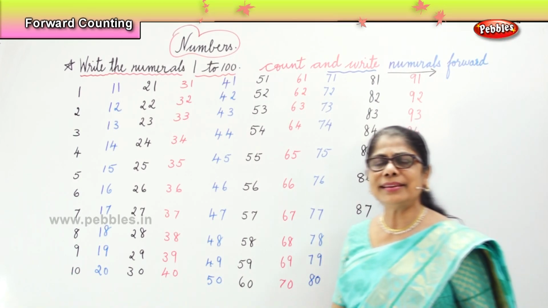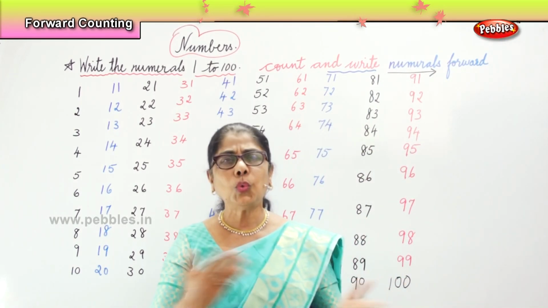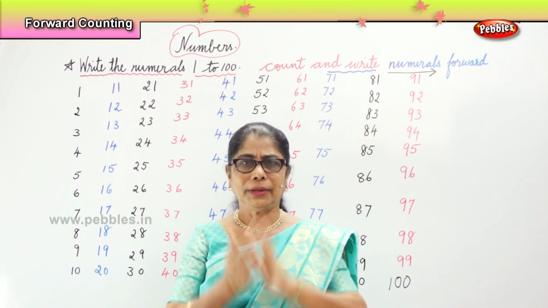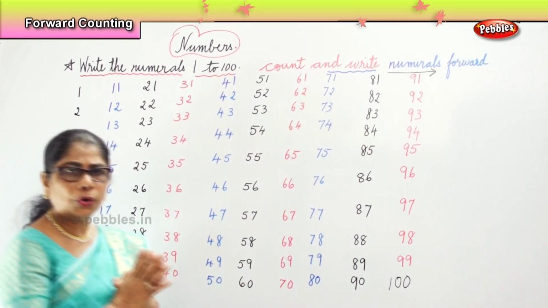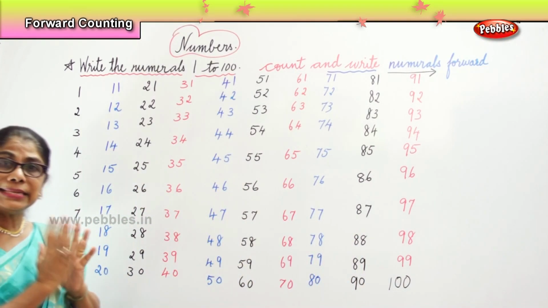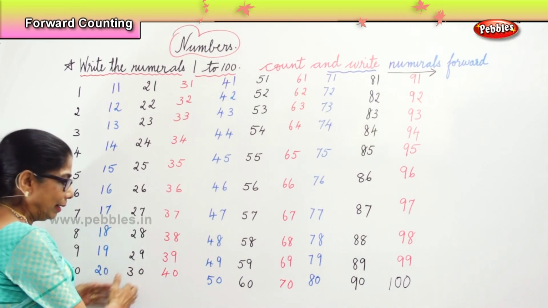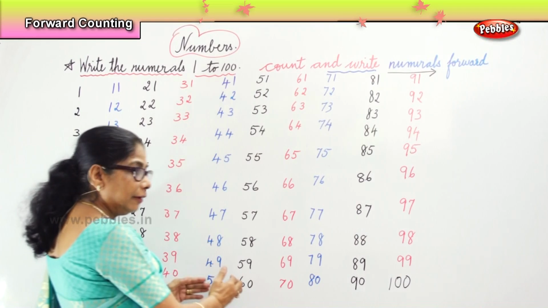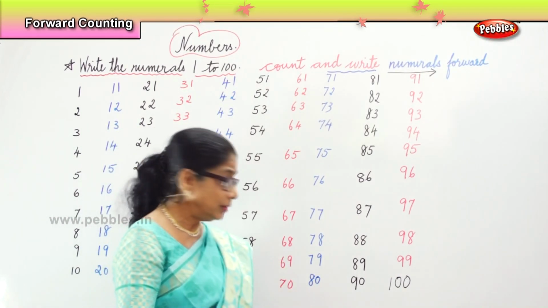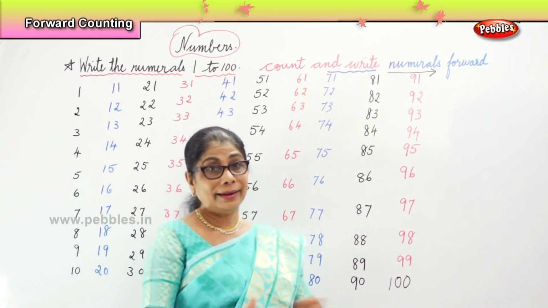Now with this number, we are going to do all kinds of things. Okay, first of all, let's count in tens. Skip counting, okay? 10, 20, 30, 40, 50, 60, 70, 80, 90, 100.